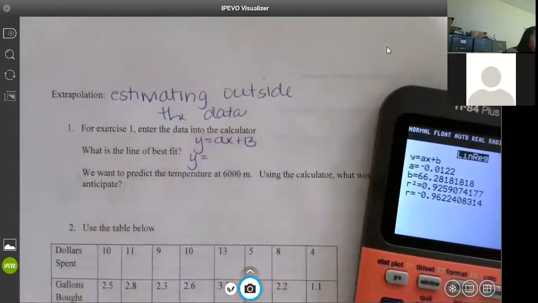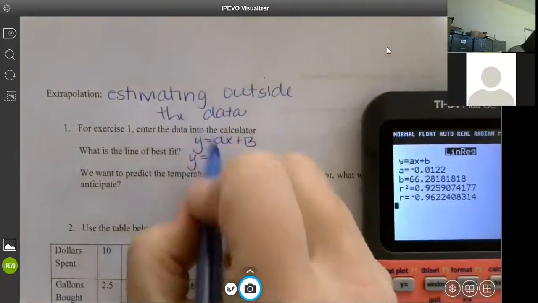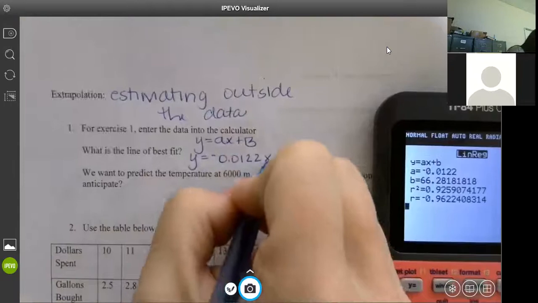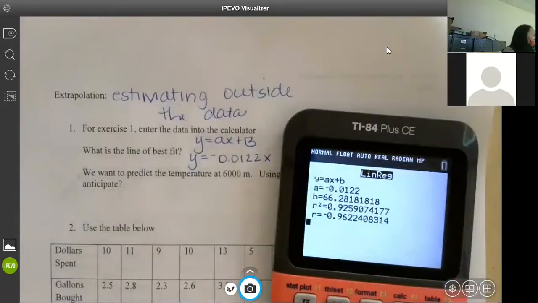They give us what a and b is. If you look, a is negative 0.0122. We put an x behind that. And you don't have to write all of the numbers if you don't want to, okay? 2 or 3 decimal places is perfectly fine. See how this one is super long? I don't expect you to write 66.28181818.